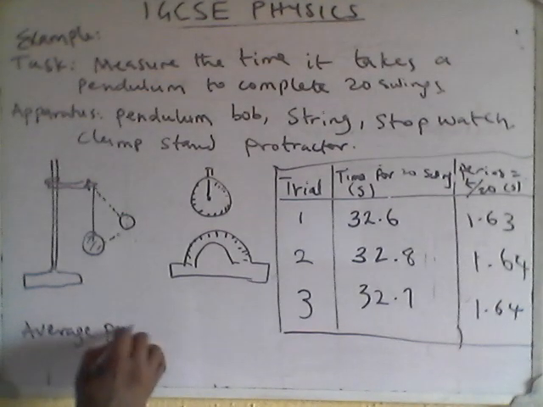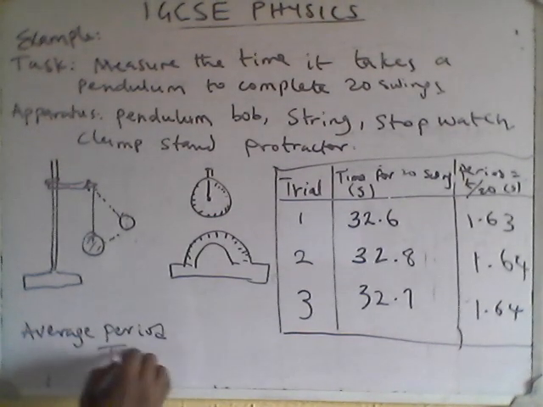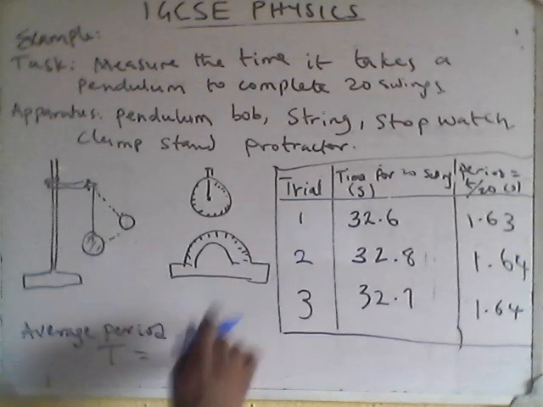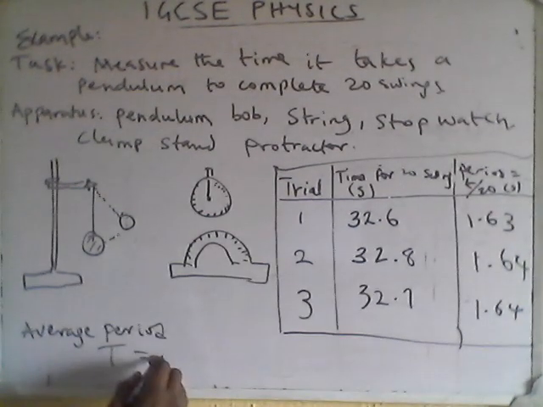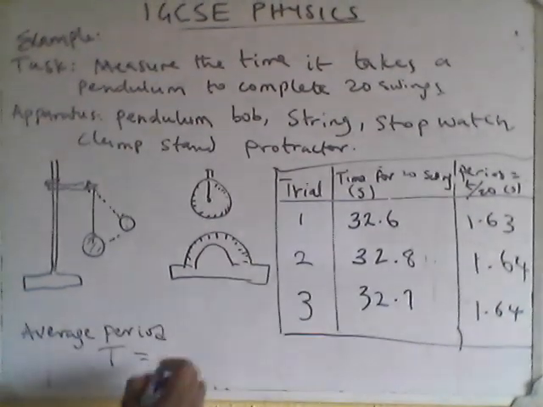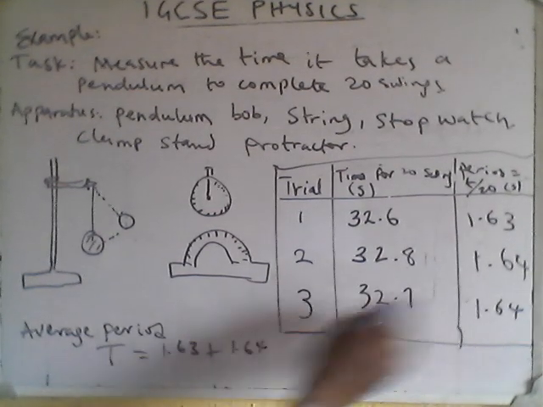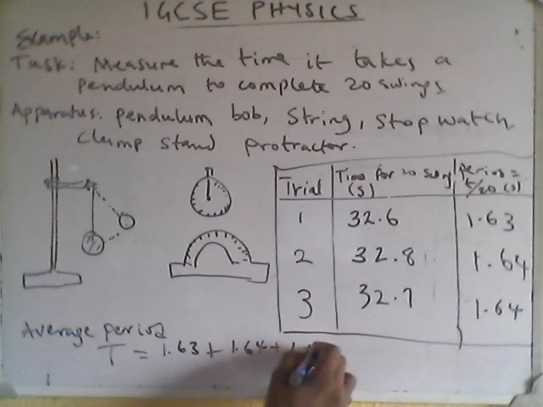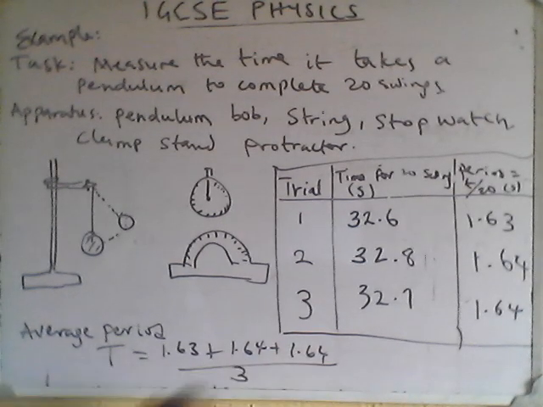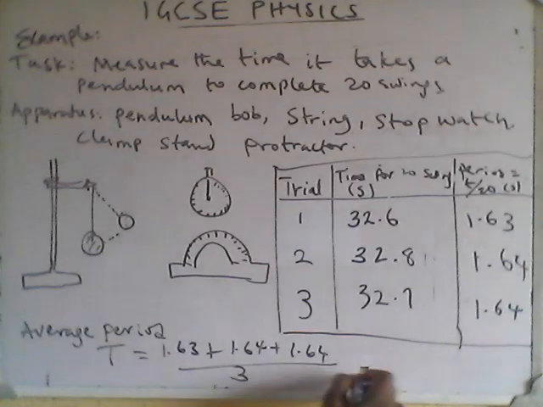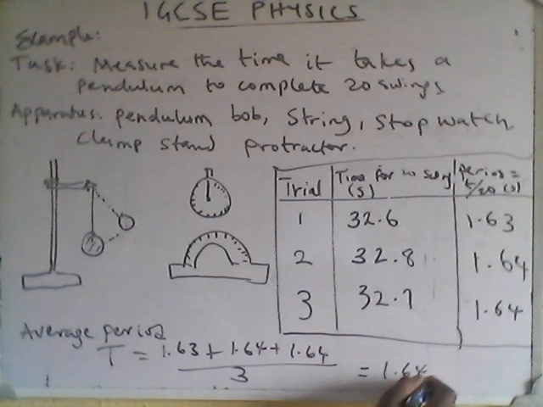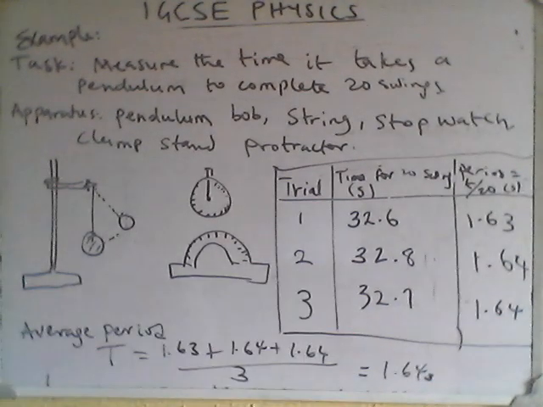Average period T is equal to the first trial, 1.63, plus the second trial, 1.64, plus the third trial, 1.64, all over 3. That's the average. So I'll be getting 1.64 seconds. I have used my record to get the average period for that particular activity.